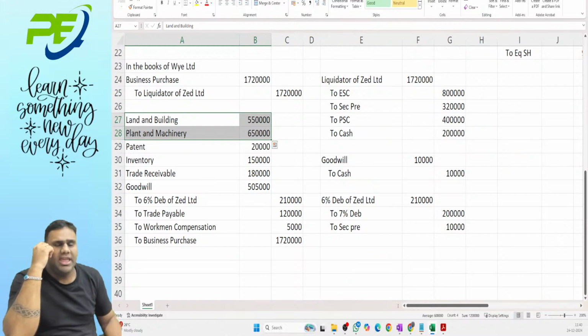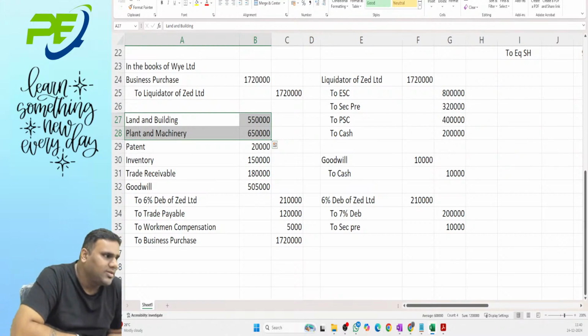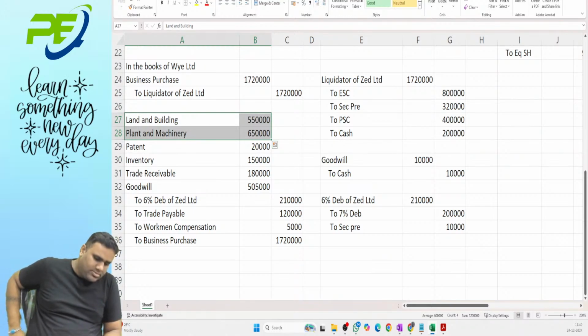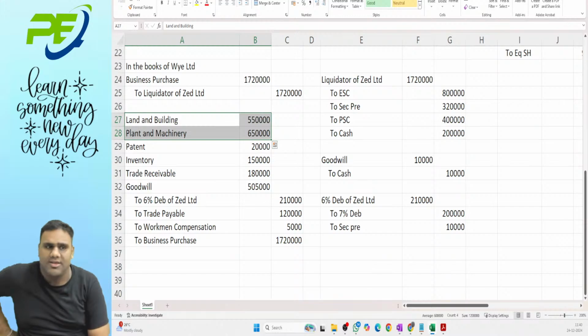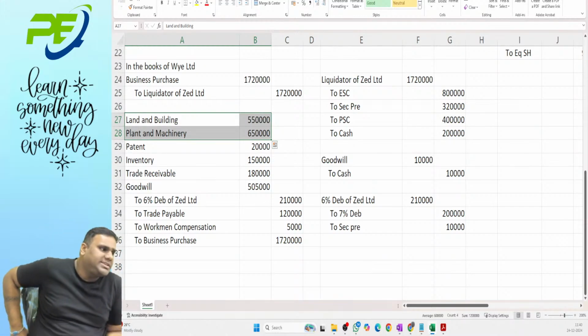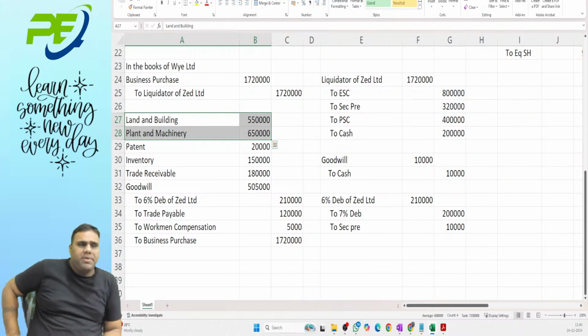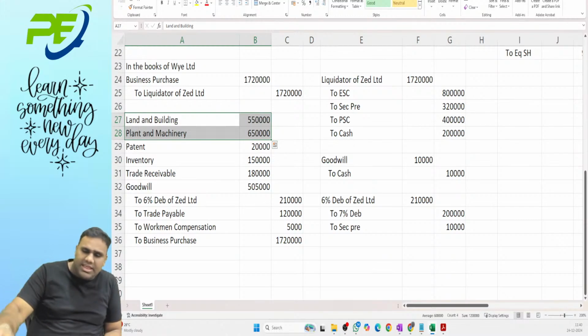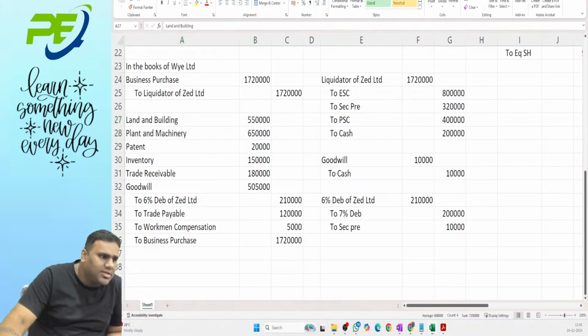Under notable points, point number 8: assets and liabilities will be recorded at agreed value under the purchase method. Point number B: assets and liabilities will be recorded at book value under merger.